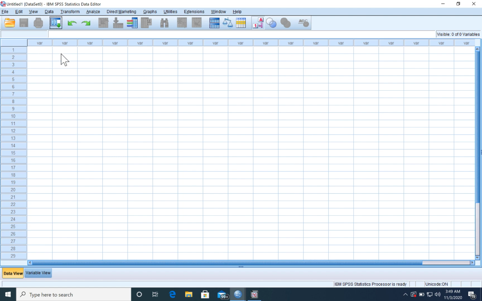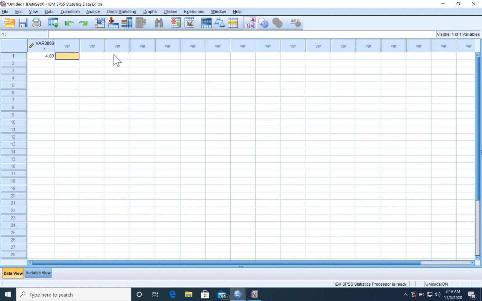The 2 pieces of data that we're going to input is the number of trials, which is n. So we had 4 trials, and the probability of success, which is p. So the probability of success was 0.17. We will enter that.